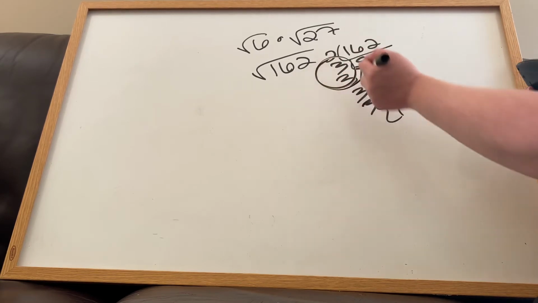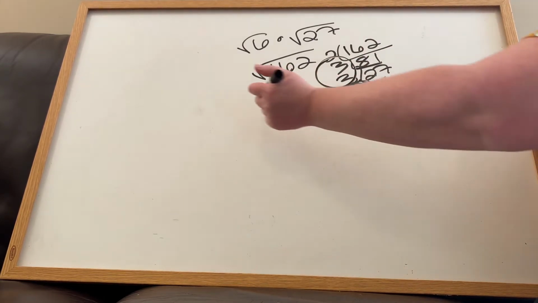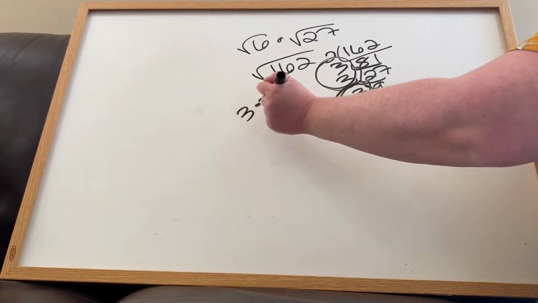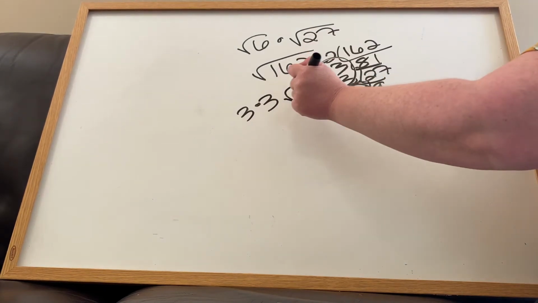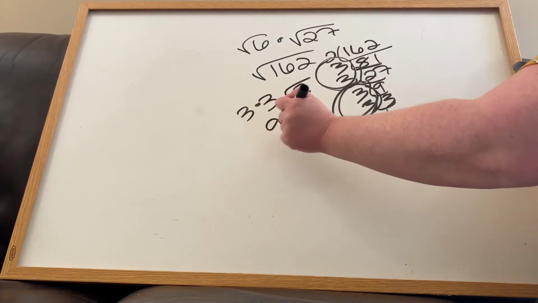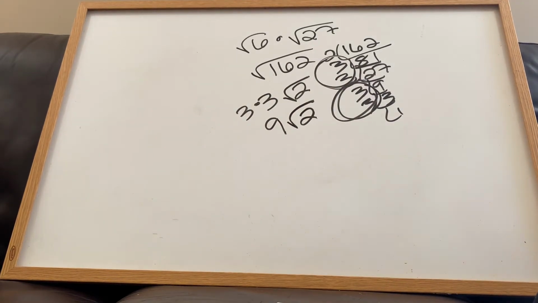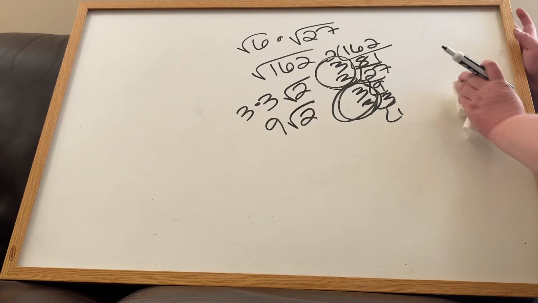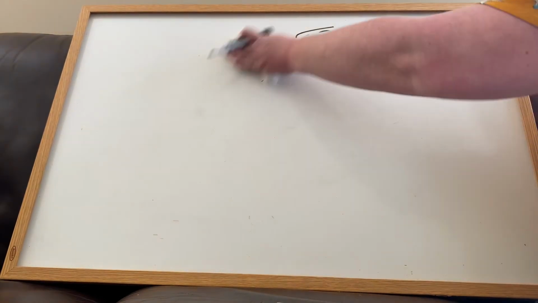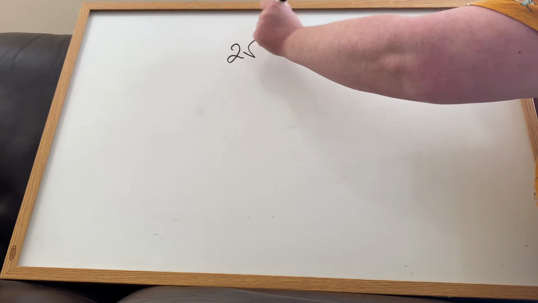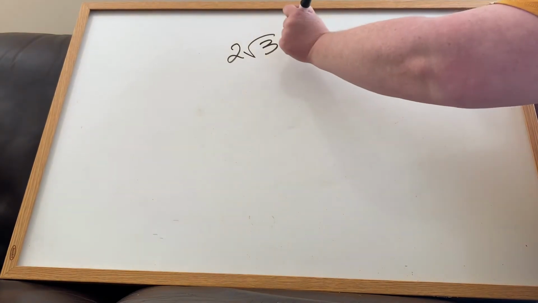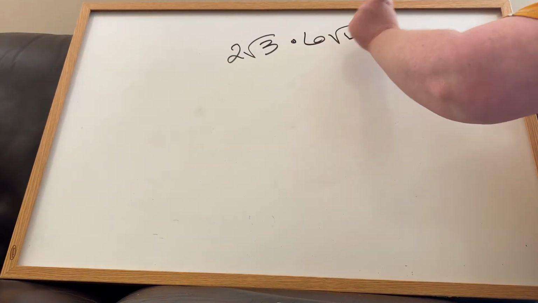So you've got a pair of 3s and another pair of 3s, so you're going to pull them both. You have the 2 left over, and then 3 times 3, you're looking at 9 square root 2. Going across, not down.